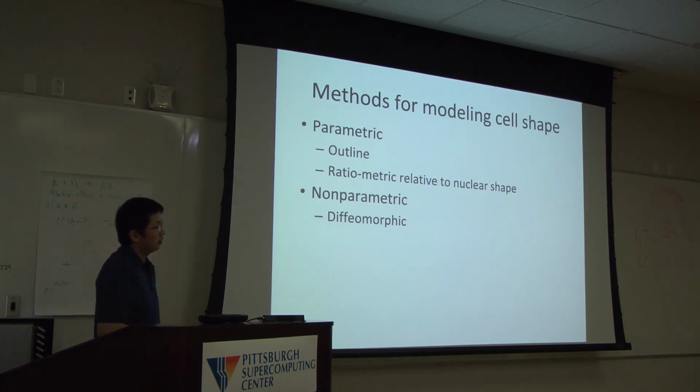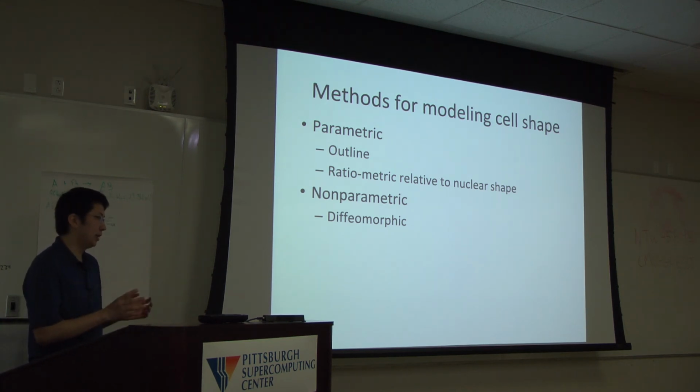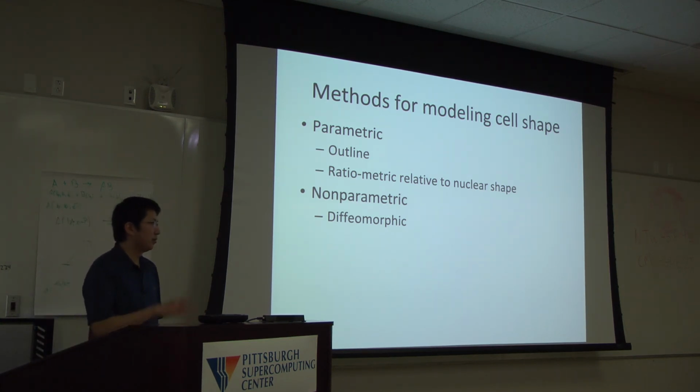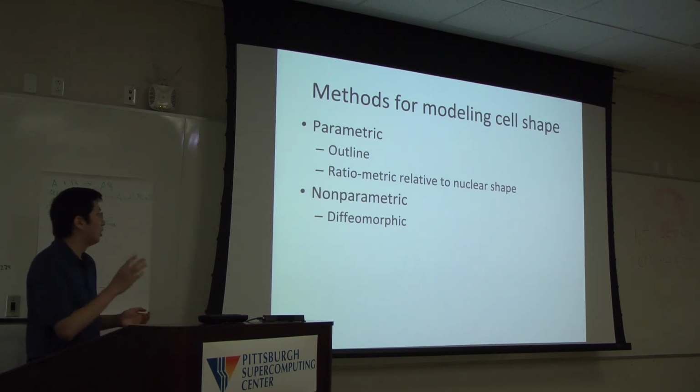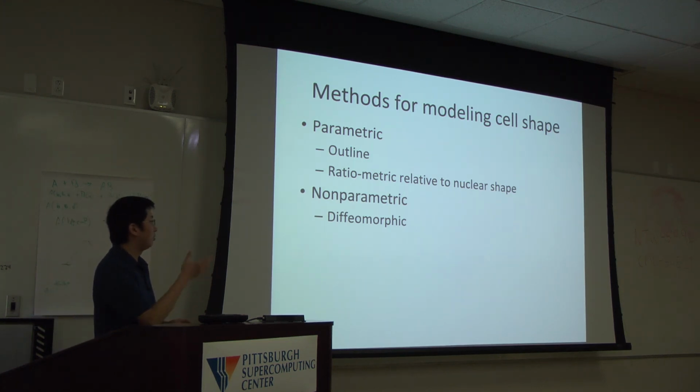Basically, in this kind of model, we assume some specific kind of model, and the model contains a specific number of parameters. It includes the outline model and the ratiometric model. I will talk about them a bit later.